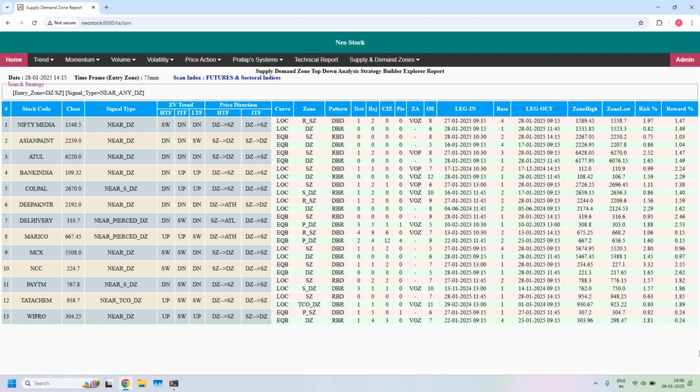Let us verify high liquidity demand zones from this list. Colpal is having a high liquidity zone.